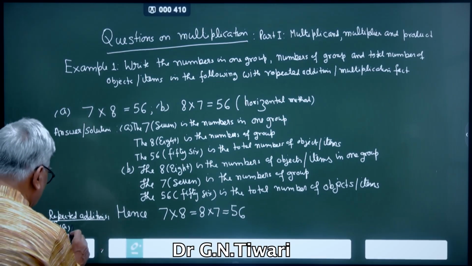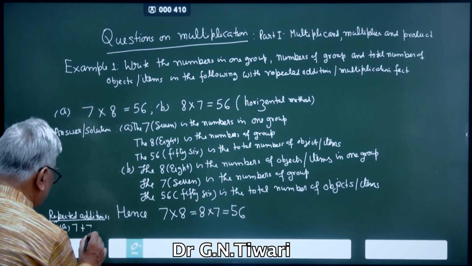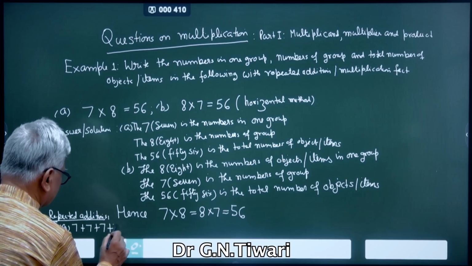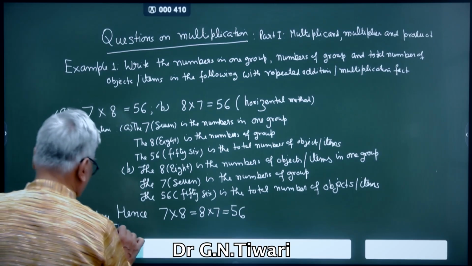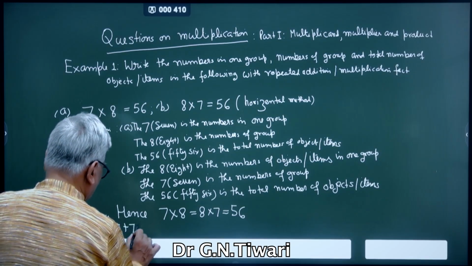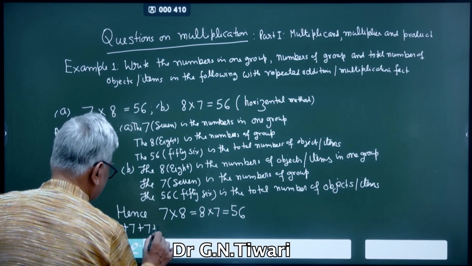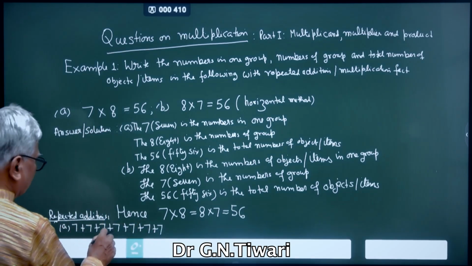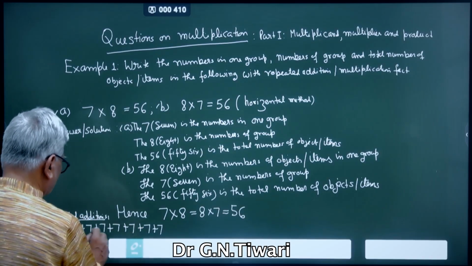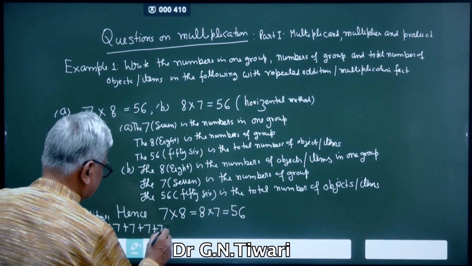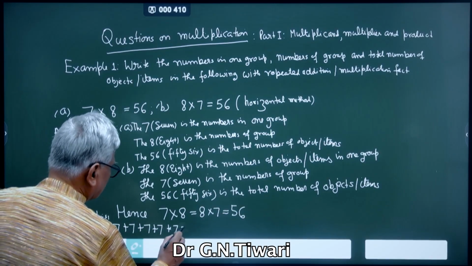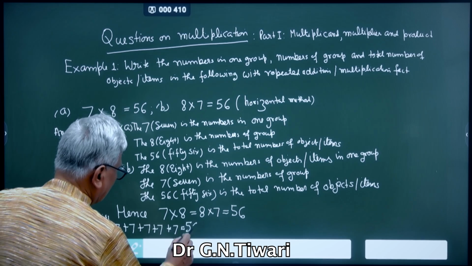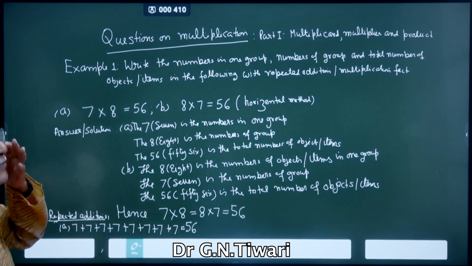That means 7 plus 7 plus 7 plus 7. That is four times, then 5, 6 and 7. If you add 7 eight times, 1, 2, 3, 4, 5, 6, 7, 8, the result is 56. This is the addition fact.